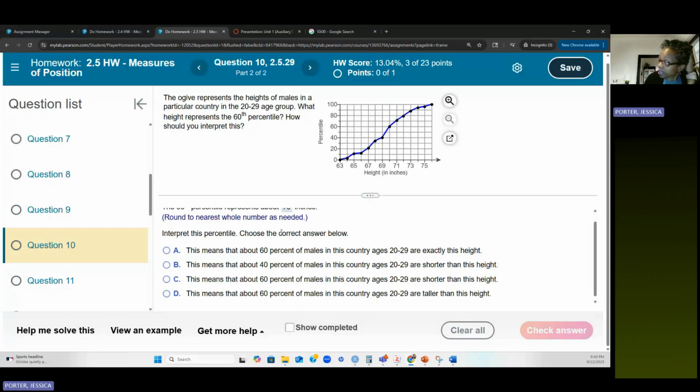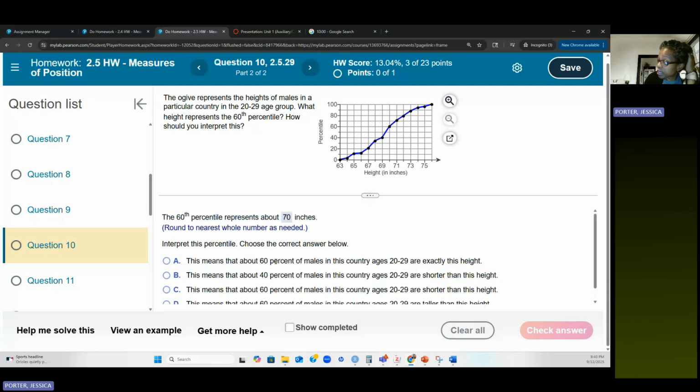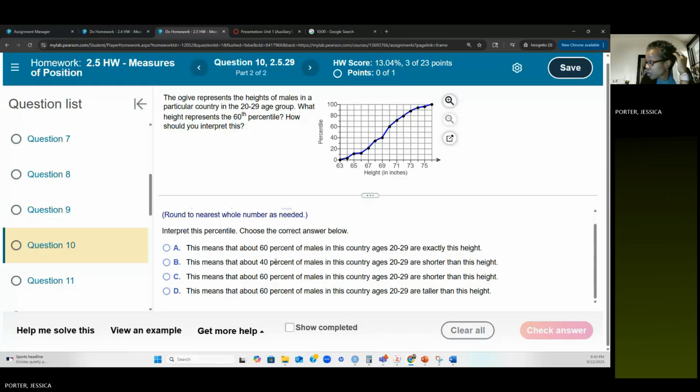A, B, C, or D. This means about 60% of the males aged 20 to 29 are shorter than this height, or taller than this height, or exactly this height.